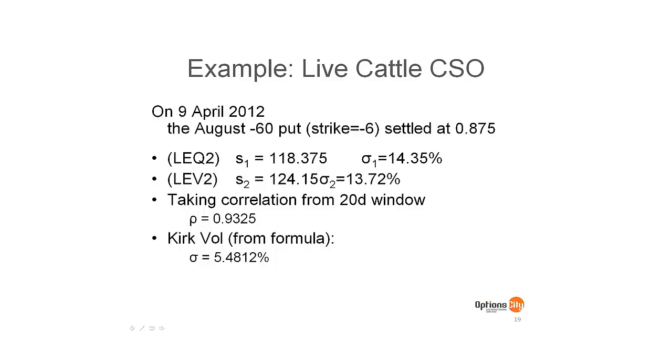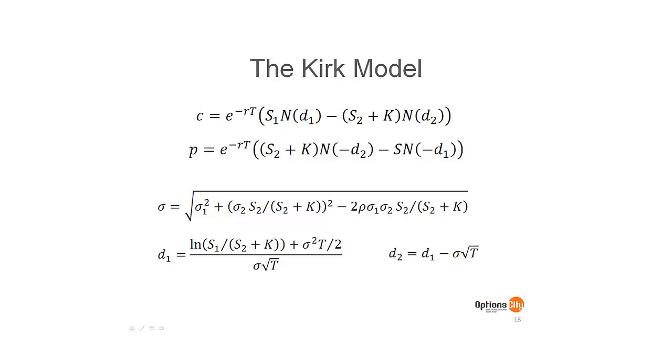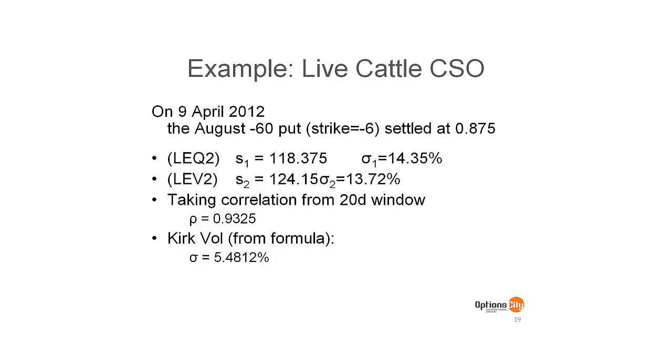All right, so here's an example again, and this time we're going to use the Kirk model. From the historical data I calculated a realized volatility of roughly 14.5 for one of the legs, a realized vol of 13.72 for the other leg, and then I took a 20-day window, calculated the correlation, and with the formula right here, we end up with a 5.5% Kirk vol.